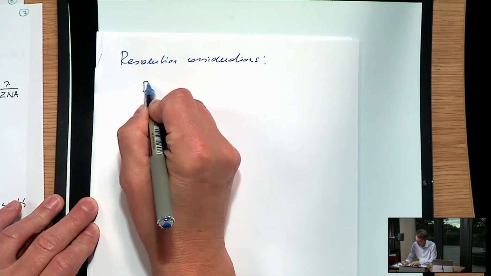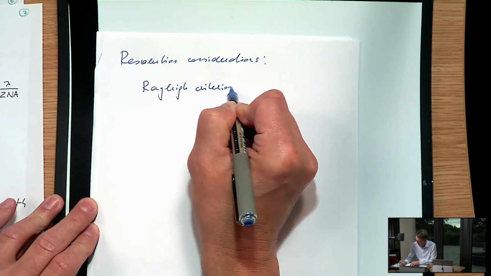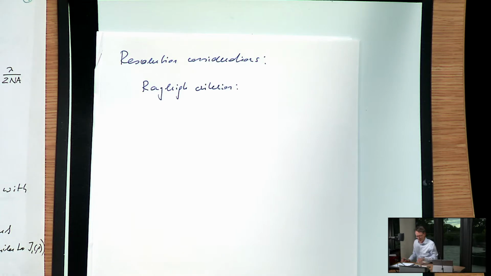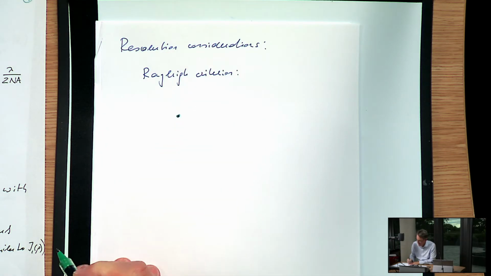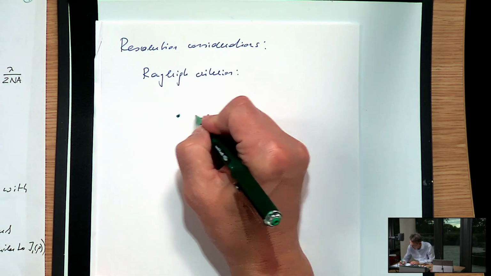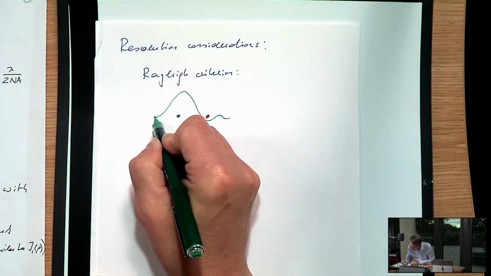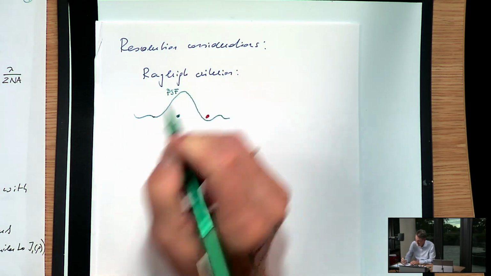So the first is according to the Rayleigh criterion. We had mentioned this, perhaps not so explicitly, but we say that two fluorophores are resolved, let's say this green one here and this red one here, if the minimum of the PSF of the green fluorophore falls on the maximum of the other.